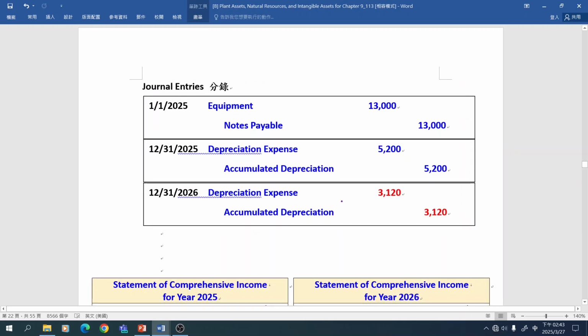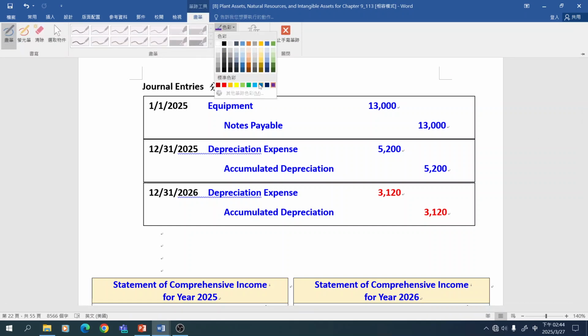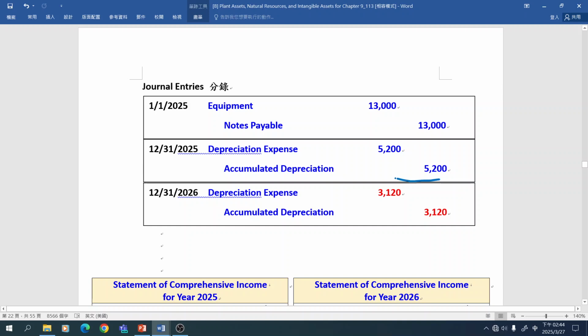So prepare a journal entry. Remember, the only difference is you should find out first year depreciation expense, how much? $5,200. Second year depreciation expense, how much? $3,120, right?